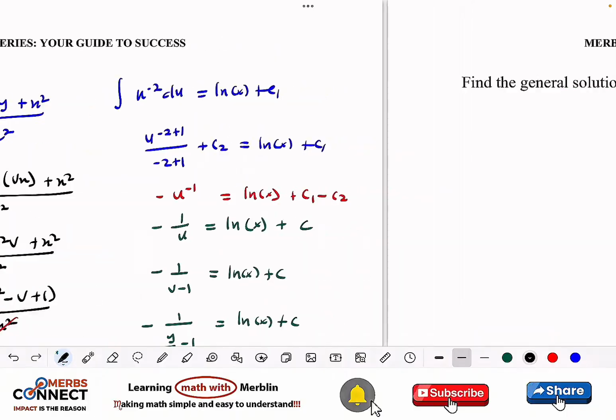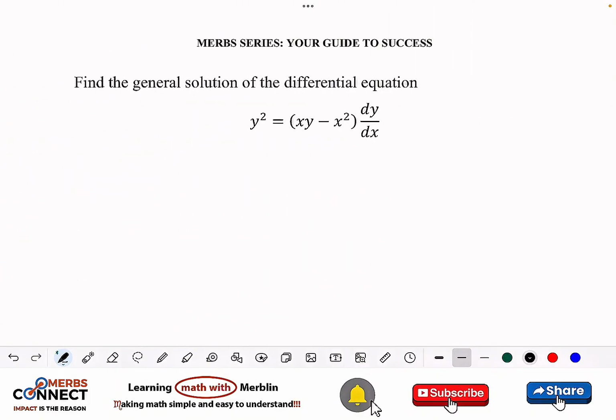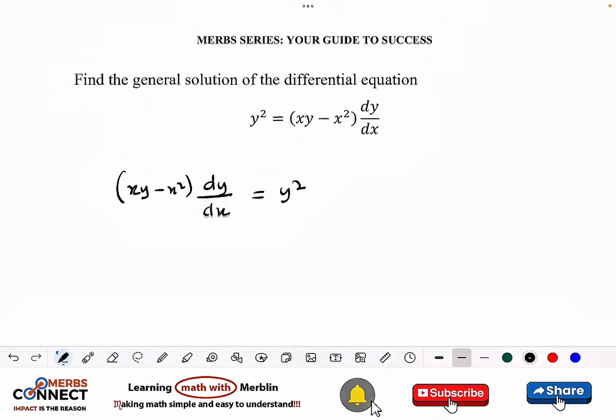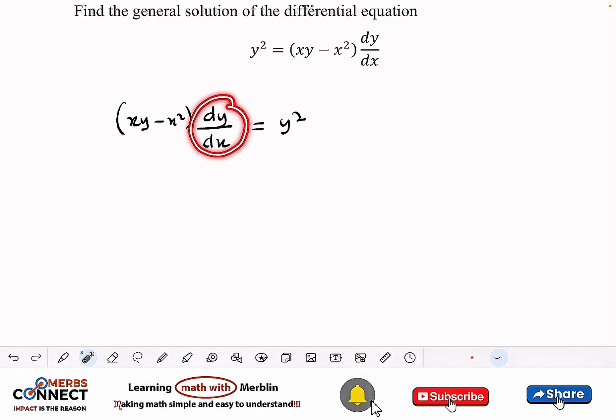Let's take another example to practice. So this one, there is no initial condition, so we just need to find the general solution. So let's go. The same thing: x y minus x squared dy over dx is equal to y squared. So we need to make sure that the coefficient of this guy is 1.